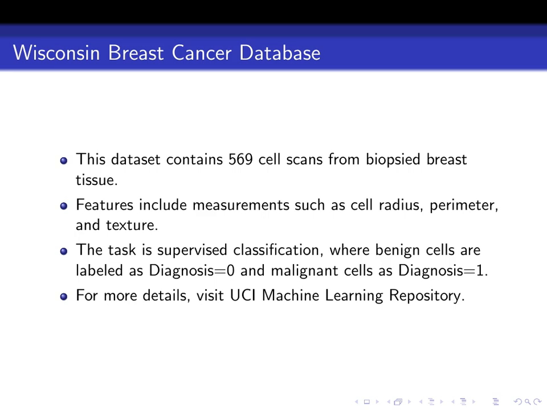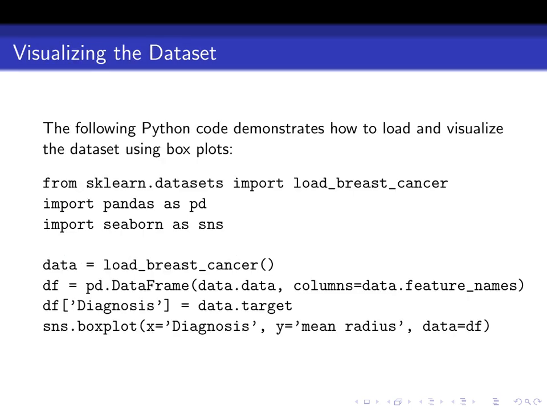If you'd like to explore the dataset, you can find it at the UCI Machine Learning Repository: https://archive.ics.uci.edu/ml/datasets/breast+cancer+wisconsin+diagnostic. To start, we load and visualize the dataset.